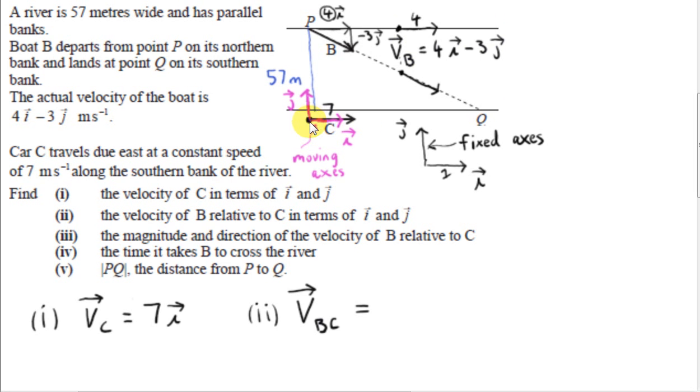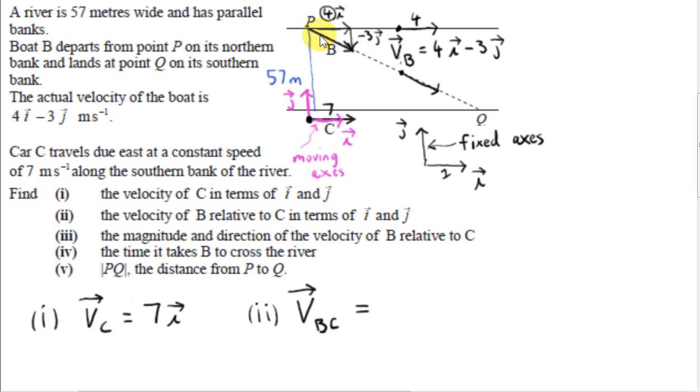So from the point of view of someone moving in the car, the boat will appear to be moving backwards, to the left. As a matter of fact, without knowing any formulas, we might guess that the boat will appear to be moving to the left with a speed of 3, because 7 minus 4 is 3. Now, as for the vertical component of the boat's velocity, that won't change.